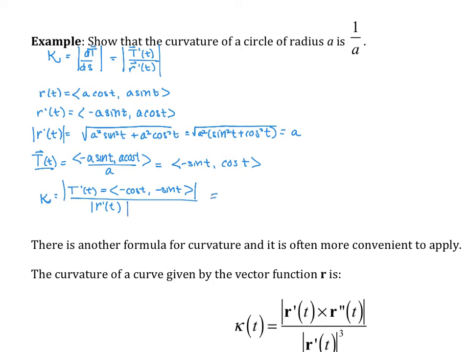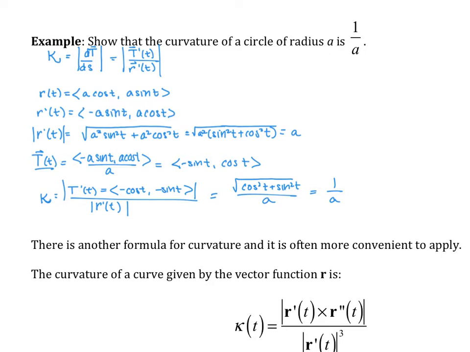So we'd have the square root of cosine squared t plus sine squared t over a. So we get the square root of 1, which is 1, over a. So we have just shown that my curvature for the circle with a radius of a is 1 over a.